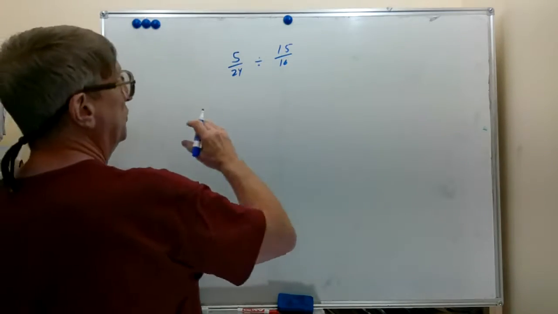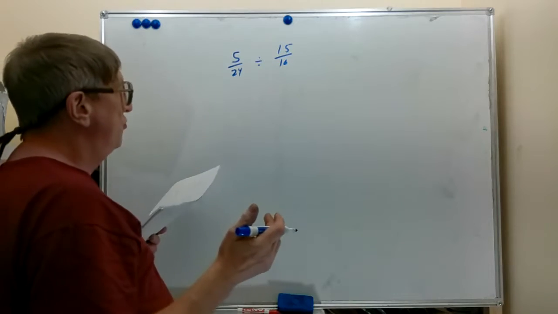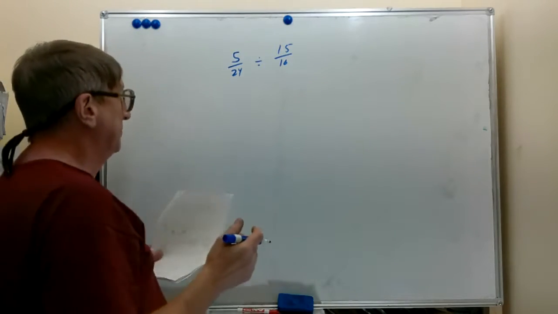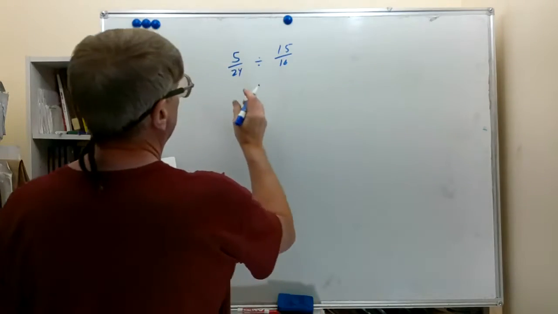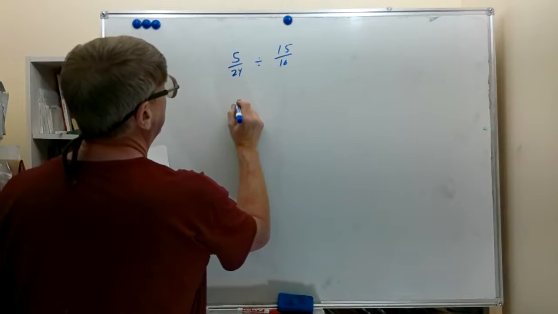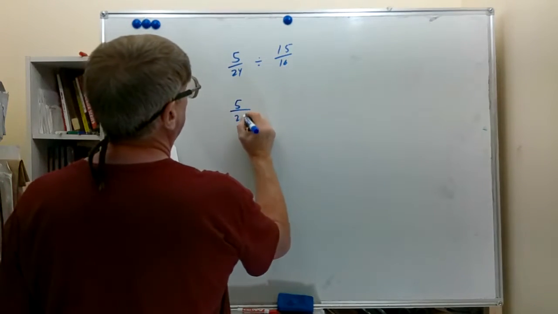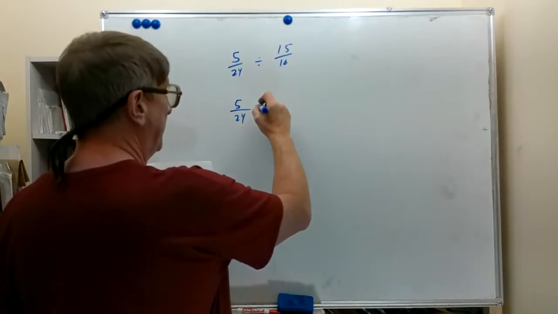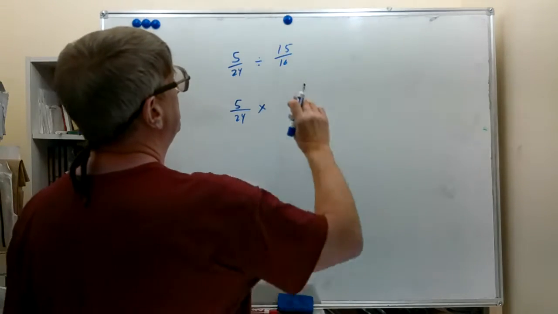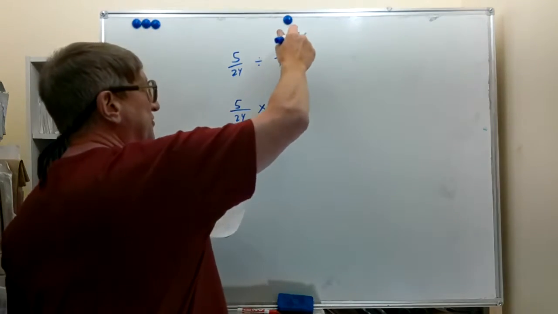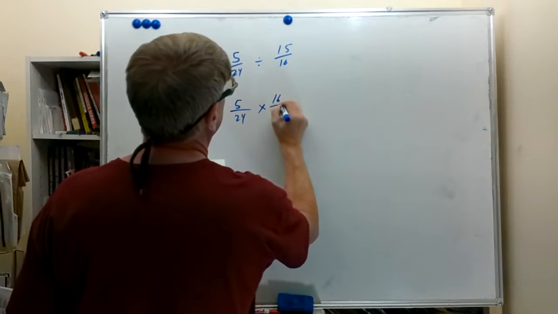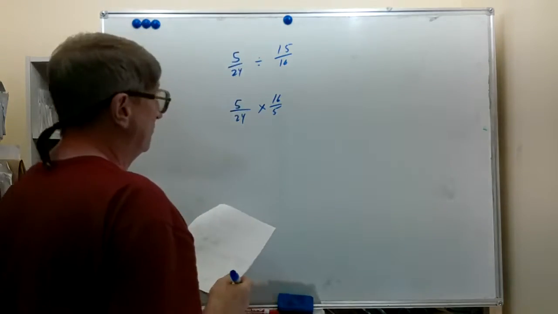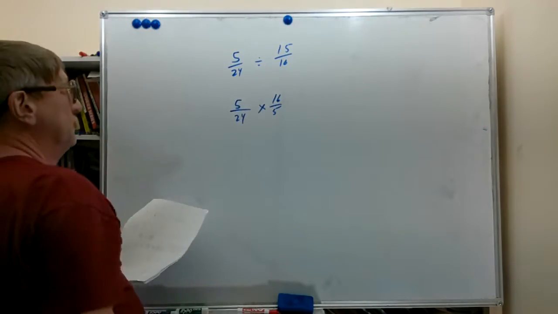First step, we want to convert this division to a multiplication problem because we know how to multiply. The first fraction stays the same, 5 over 24. Now we change this to multiply by converting the divisor to its reciprocal, 16 over 15. So now we've converted it from a division problem to a multiplication problem.